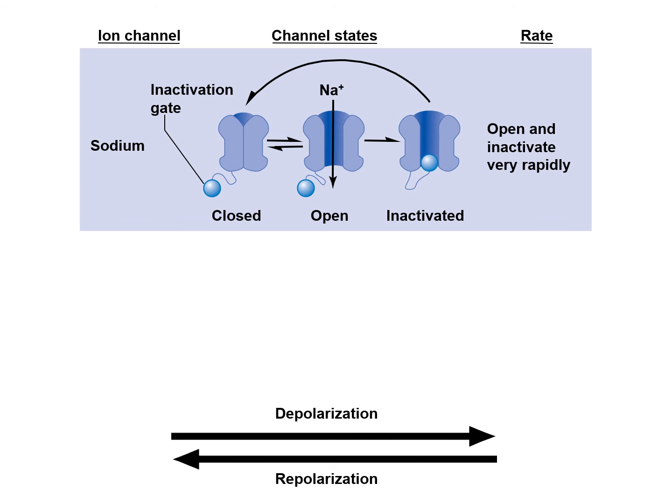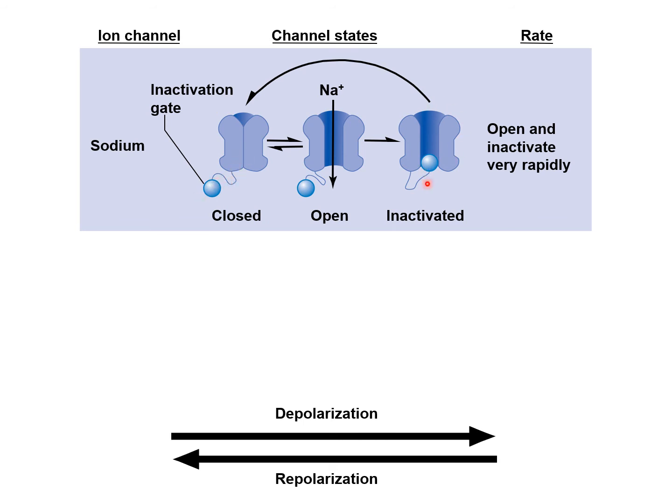When we hit a certain voltage, the inactivation gate closes. Notice that the activation gate is still open. It is still open and the inactivation gate is closed, so we're not letting sodium in anymore. What happens is during undershoot, during that hyperpolarized state, we reset the channel so that the activation gate is closed and the inactivation gate is open.